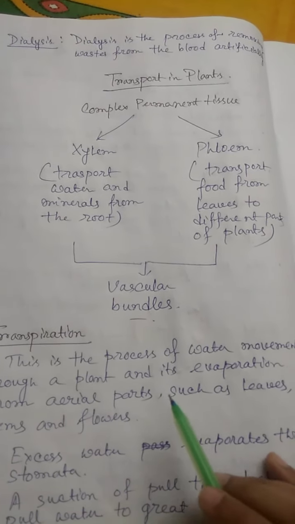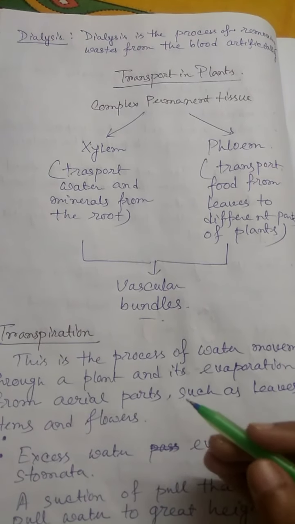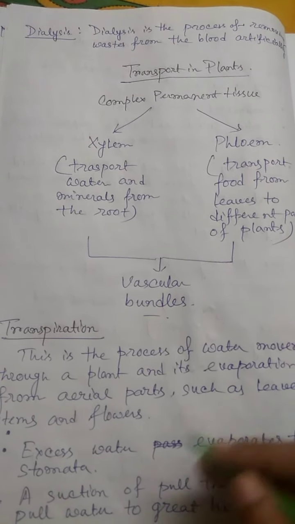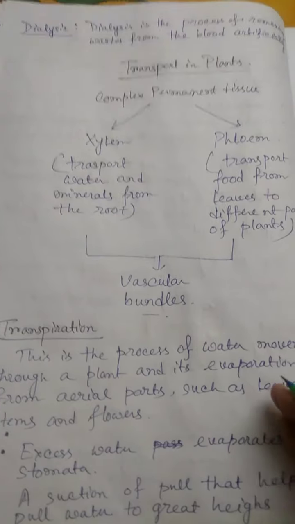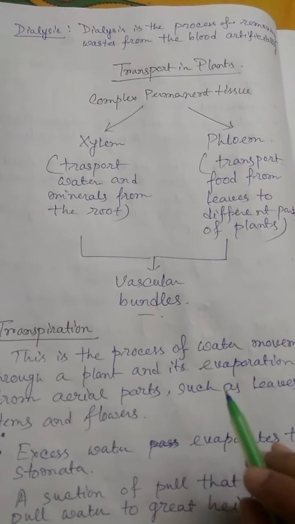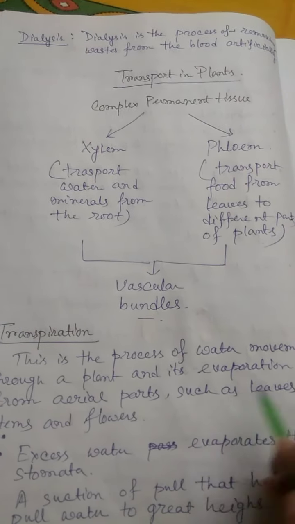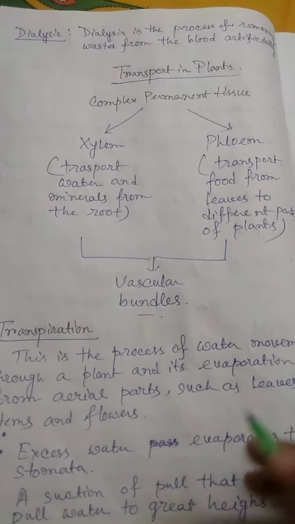When the plant takes the water from the soil and then the excess water gets evaporated, this process is known as transpiration. Transpiration is done mainly in the stomatal cells of leaves, but other parts like the stems and flowers can also do this job.